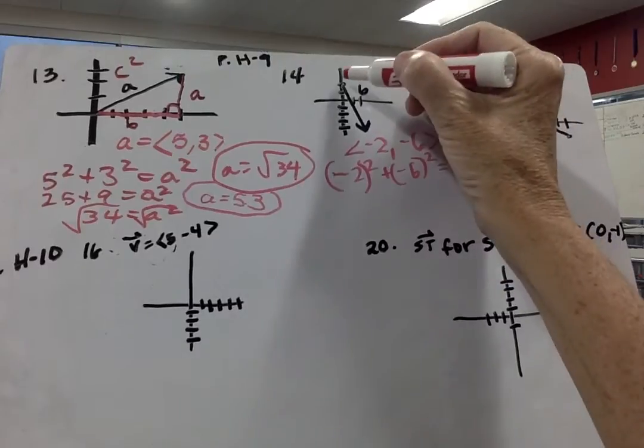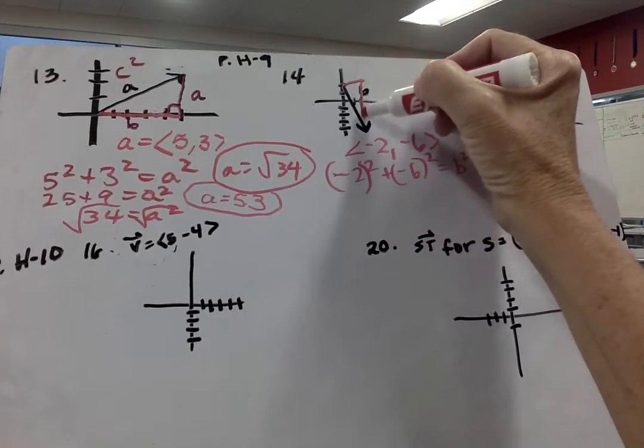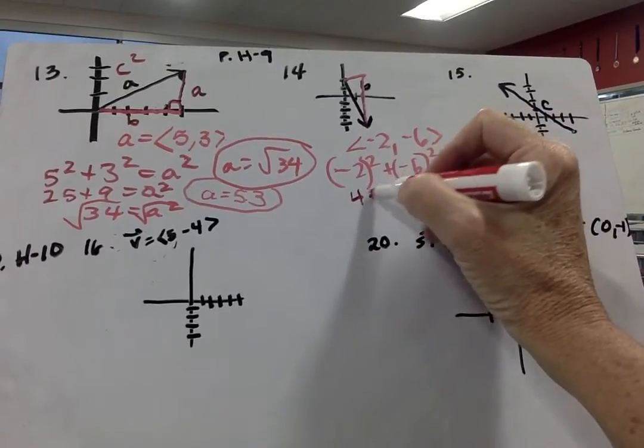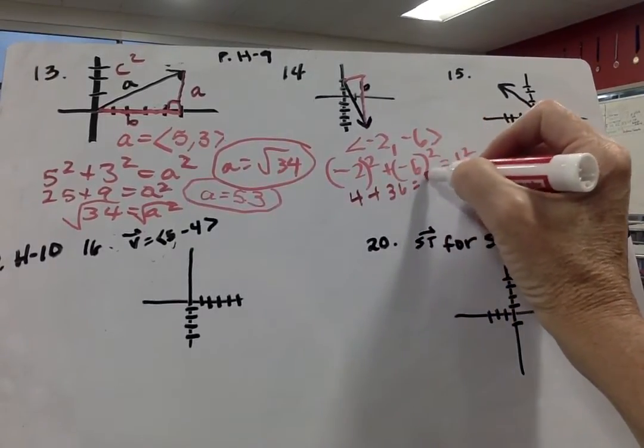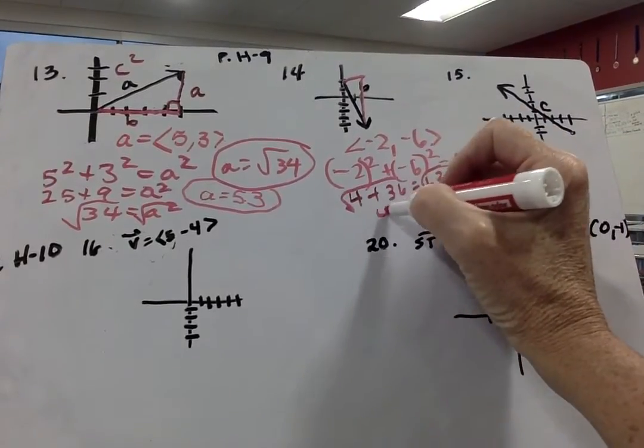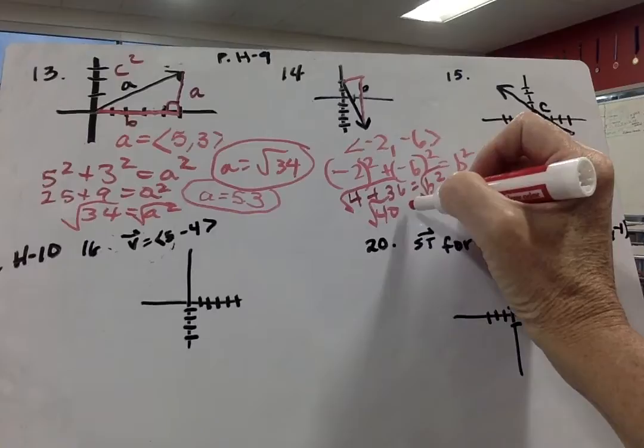Okay, so again, your right triangle over 2 and down 6. So we get 4 plus 36 equals b squared. Then we take the square root, so that's 40 square root.